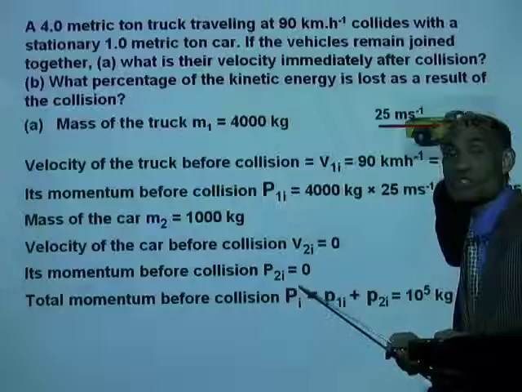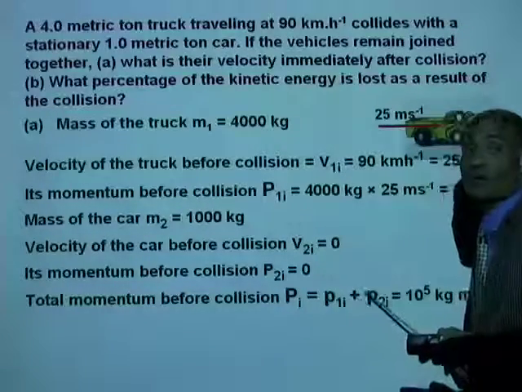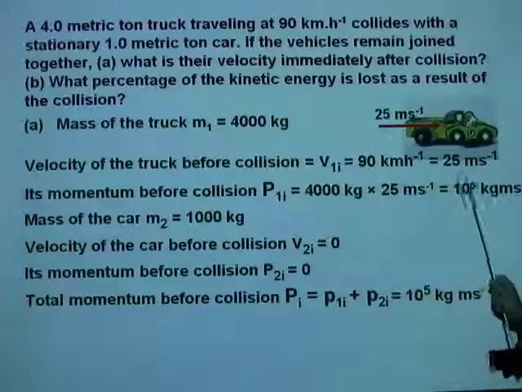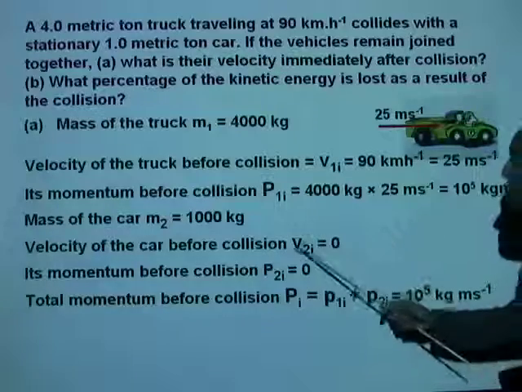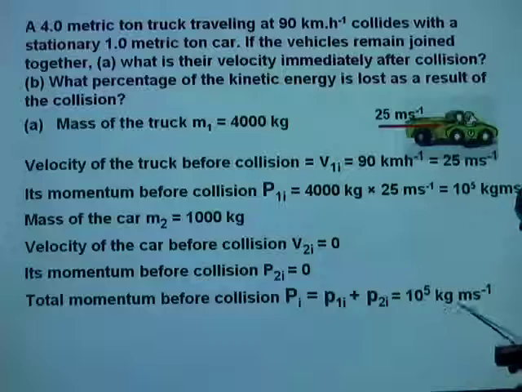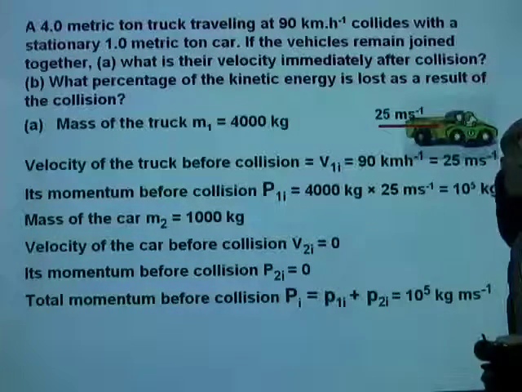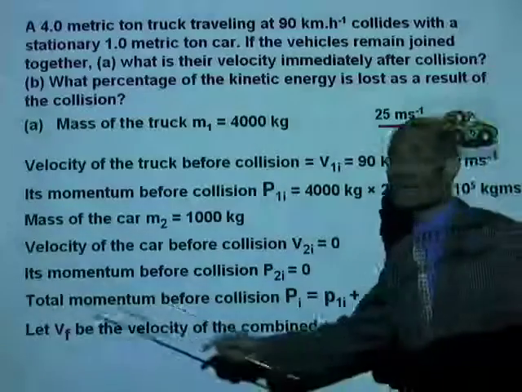So what is the total momentum of the car-truck system before collision? The initial momentum of the system, Pi, is p1i plus p2i. That is, p1i is 10 to the power 5 kilogram meters per second, p2i is 0. Therefore, the total initial momentum is 10 to the power 5 kilogram meters per second. Alright?